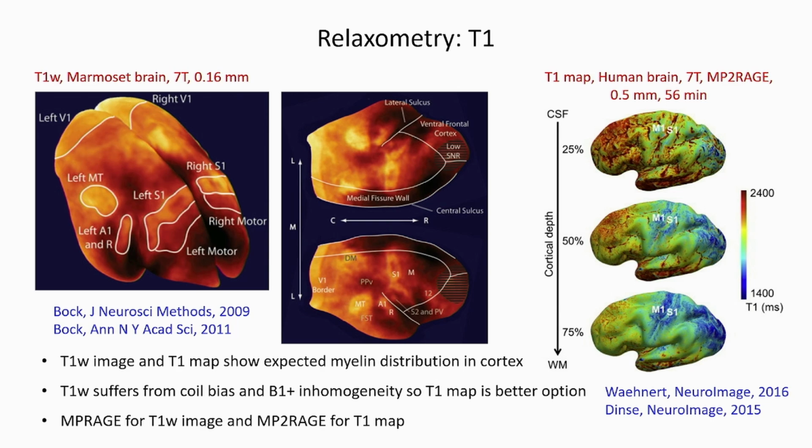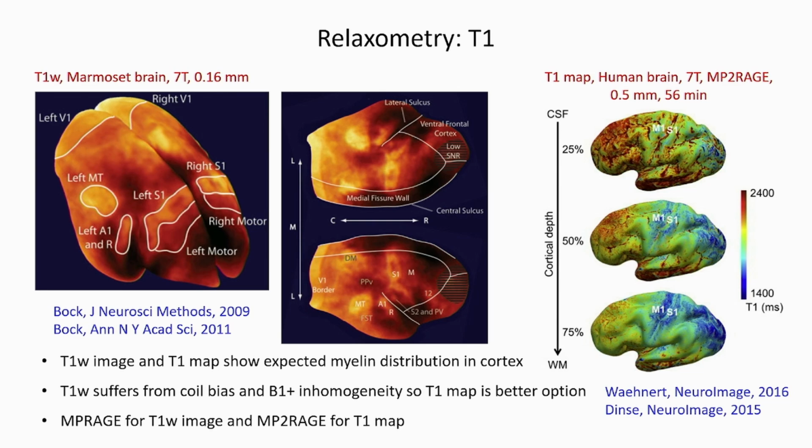And the result, if you flatten the brain, is quite enjoyable in a sense that it makes sense. Primary visual cortex, primary motor, auditory, and sensory cortex all show highly myelinated cortex, whereas other areas show a lower myelination level.